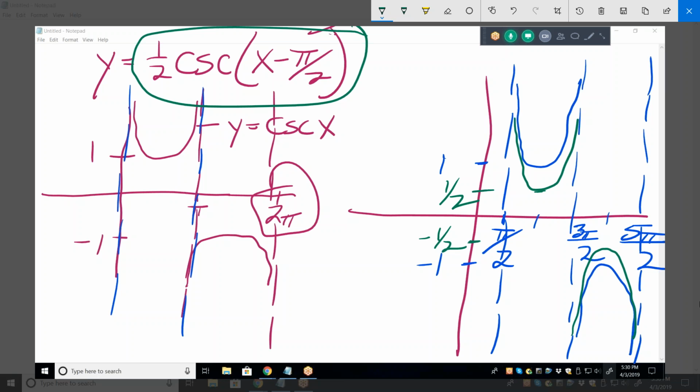There is one period of my curve. Only one. If I wanted to draw the whole thing, I would draw more over here. There's another half period, and then more up there, another half period. There would be 2 complete periods of 1/2 cosecant of x minus pi over 2.